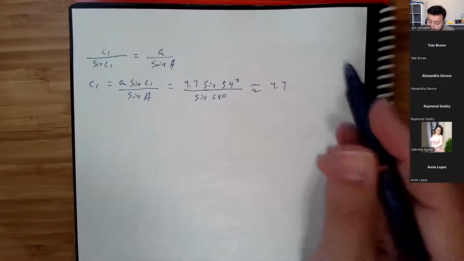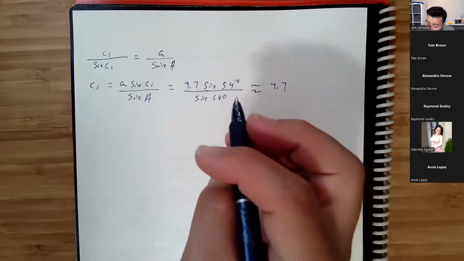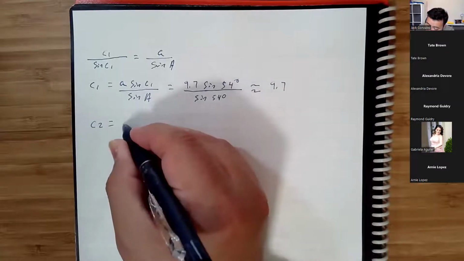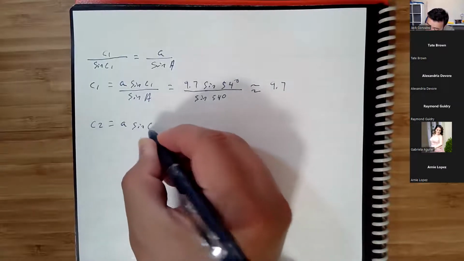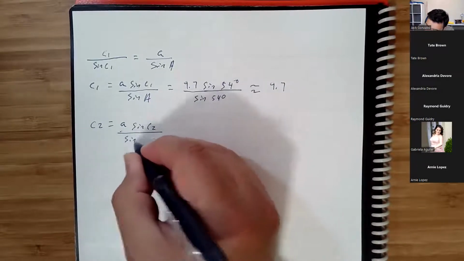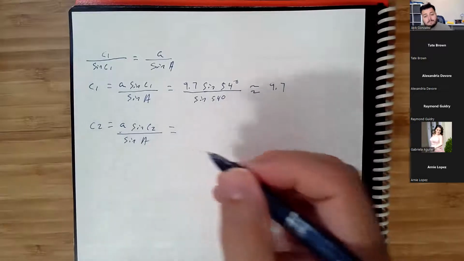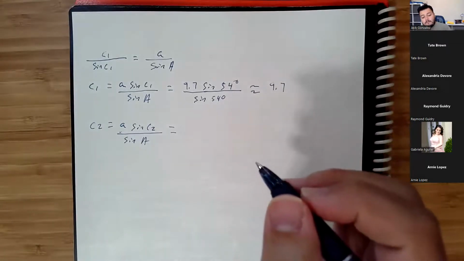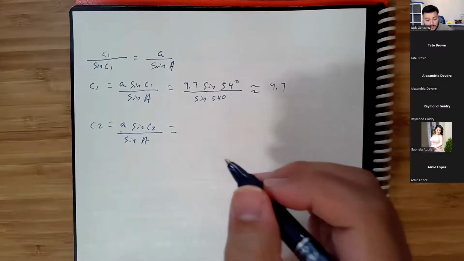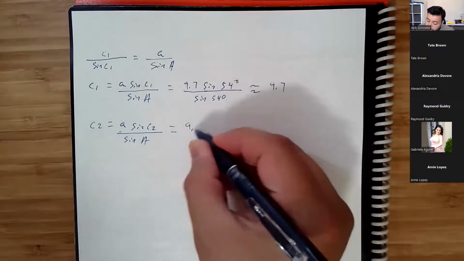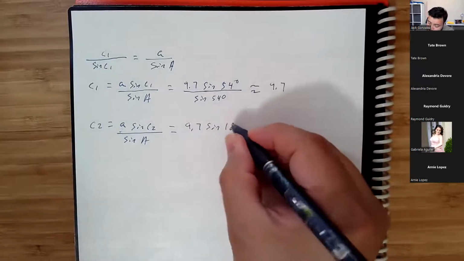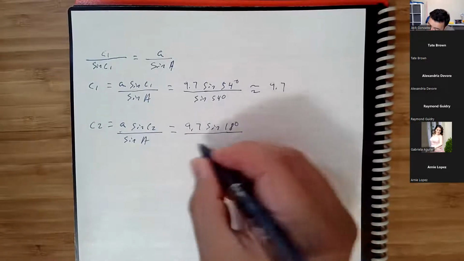So basically, you'll just have this c2 equals a sine of C2 over sine A, which will be 9.7 sine of 18 degrees over sine of 54.